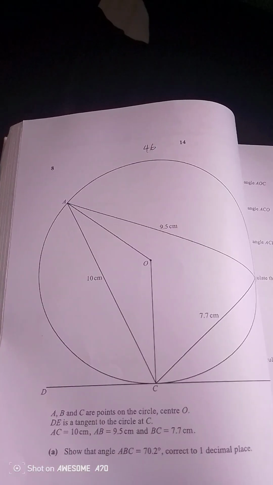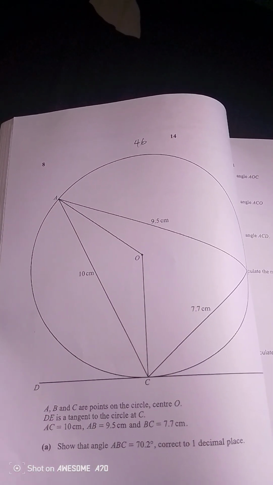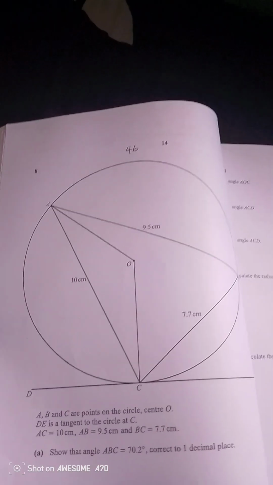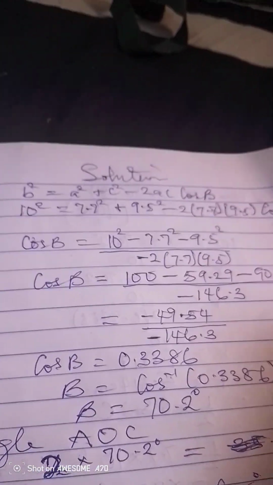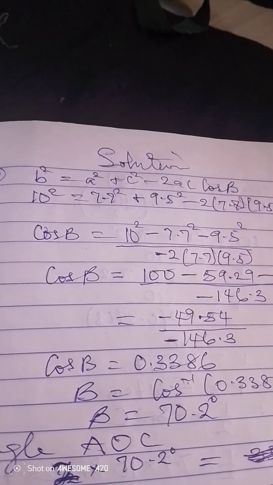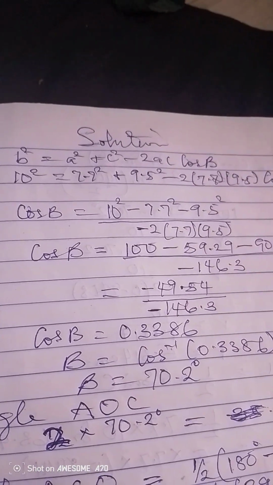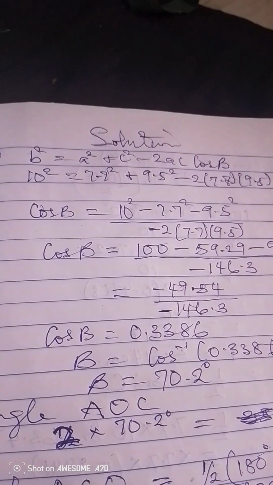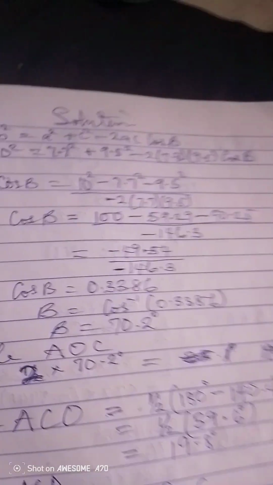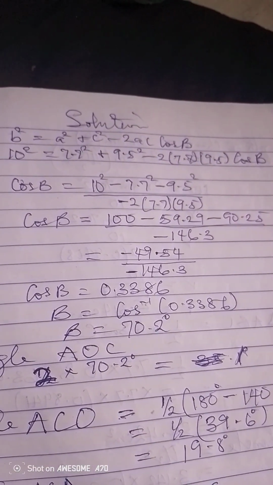So the rule that will help us solve for angle B is the cosine rule. The cosine rule says b squared equals a squared plus c squared minus 2ac cos B. That means 10 squared equals 7.7 squared plus 9.5 squared minus 2 times 7.7 times 9.5 multiplied by cos B.